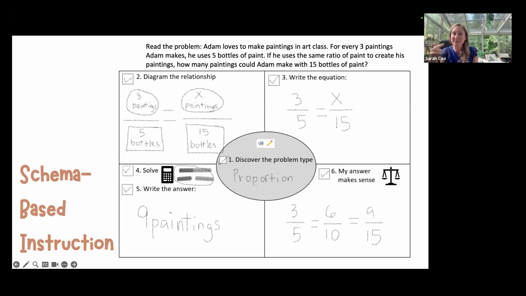So when they went to provide the explanation, they went back to filling out this chart so that they could explain to me or show me what this looked like in a visual way that was not just drawing me bottles of paint, but what are those mathematical relationships and how are they related to one another? Again, you can see I drew checkboxes because I learned that my students were making themselves checkboxes if I did not make checkboxes.